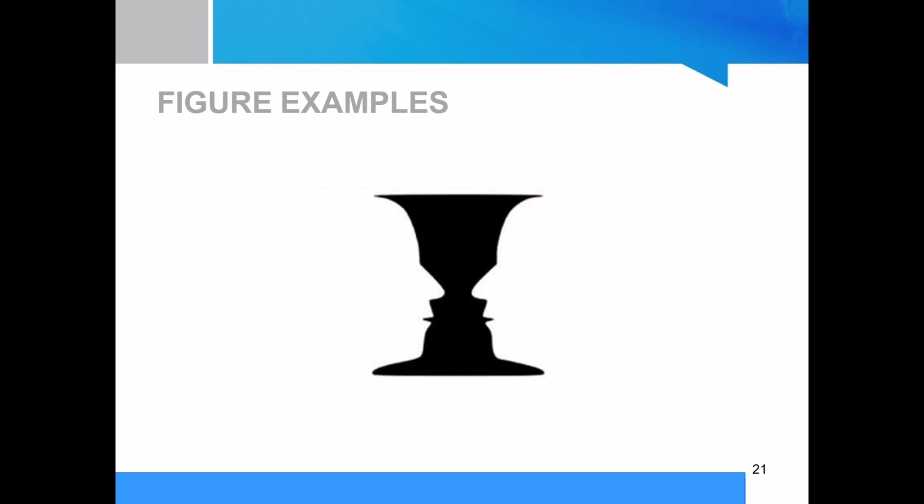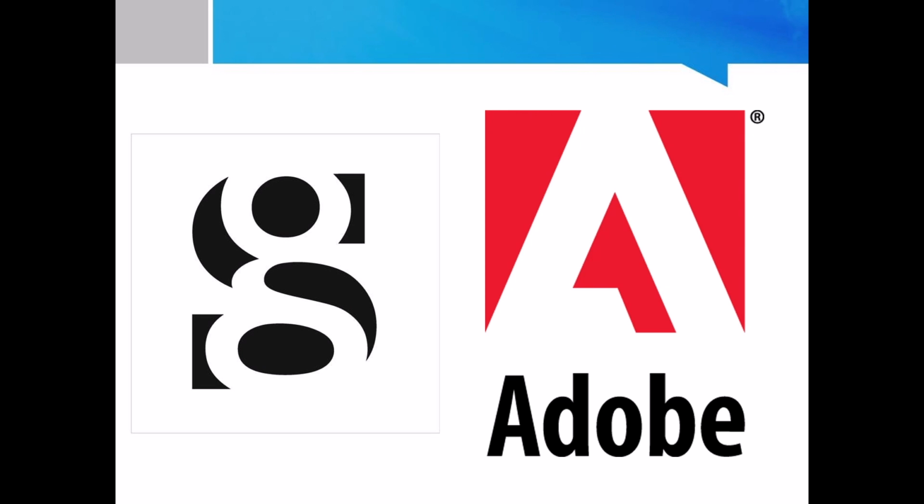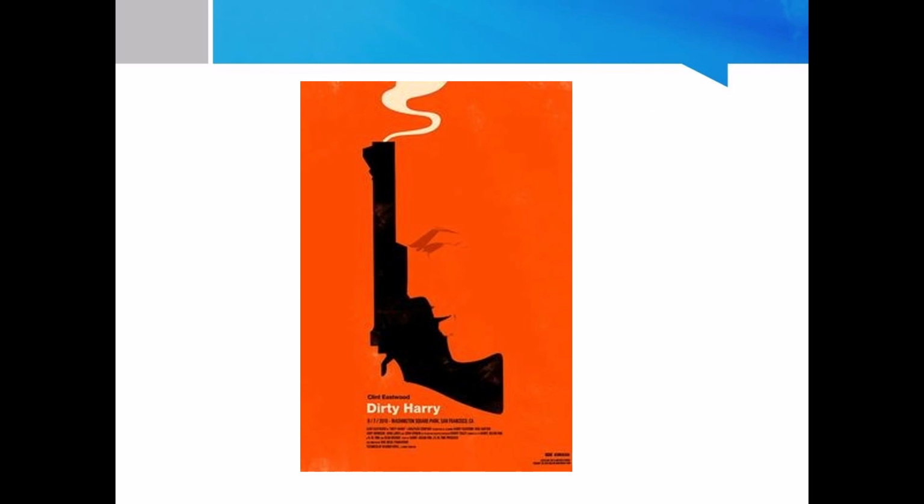This is a background image and this is a foreground image. These techniques can also be used in logos. These are a few examples shown in logos and posters. This is one of the poster works where we can see the gun as well as a face in the foreground.